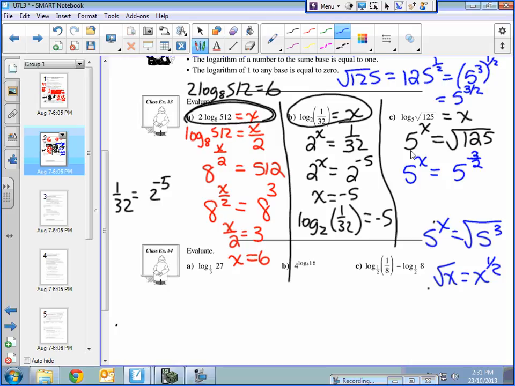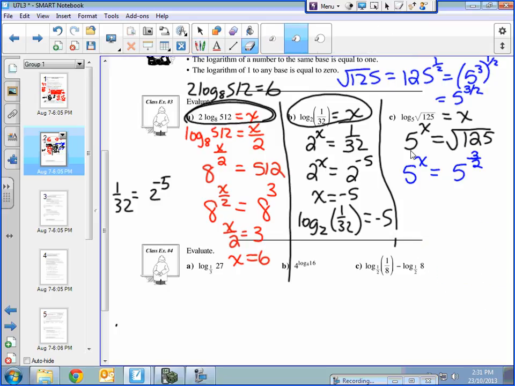So if you ever have a square root, it's 1/2. If it's a cube root, it's 1/3. So it's always your index that'll be on the denominator. Okay? So if I have 5 cubed, the square root of it all would be 5 cubed all to the exponent 1/2. That's where 3 halves comes in. Making sense? Okay. So what do I do next?